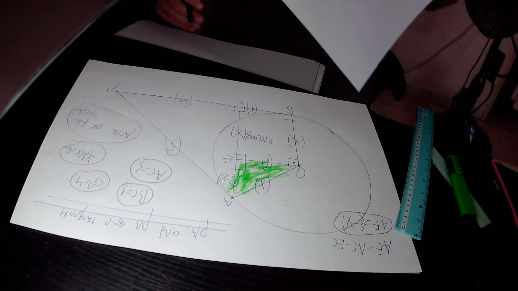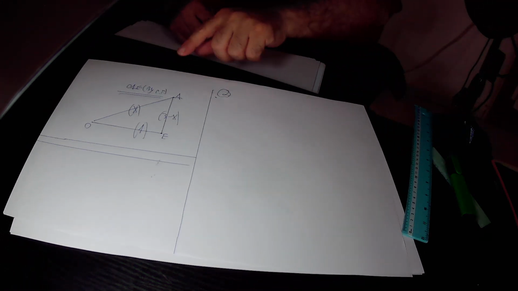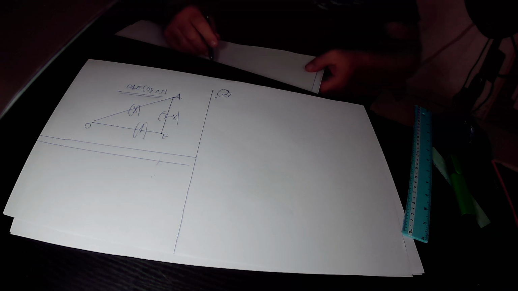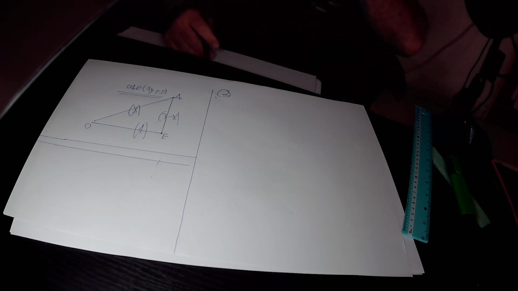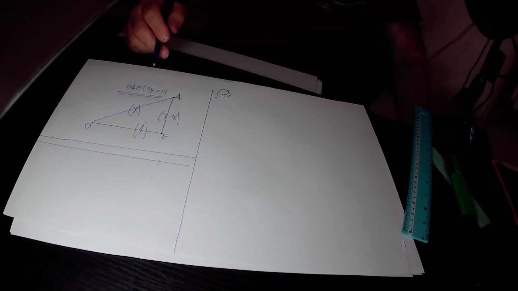So actually, this is the right green triangle OAE that I copied from the original drawing. According to the Pythagoras theorem, in this right triangle AOE, AO squared, that is the square of the hypotenuse, equals AE squared plus OE squared.